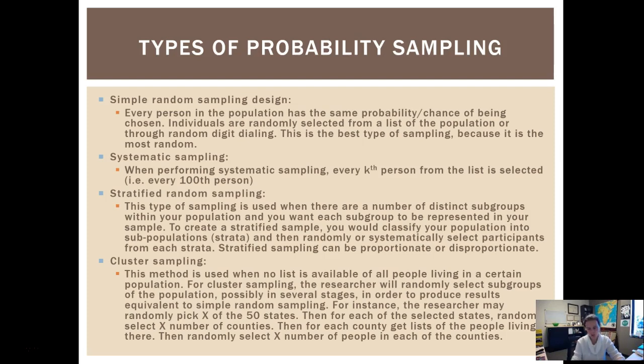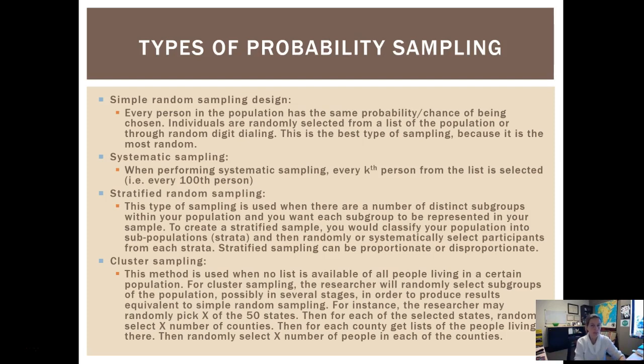So the 100th person would be on my participation list, the 200th person, the 300th, the 400th, etc. And in that way, I would end up with a sample of 150 people by choosing the 100th. Every 100th person off the list is added to my sample. So that's systematic sampling.